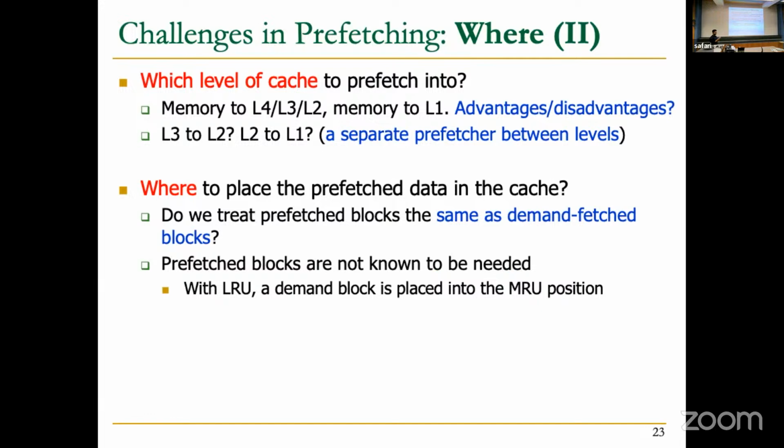Because you know that these prefetched cache blocks are not actively demanded by the program, there is a high chance they might not be demanded by the program at all. So do you want to place it in the least recently used position, or the most recently used? Because depending on how you prioritize, it dictates how long it's going to stay inside the cache.